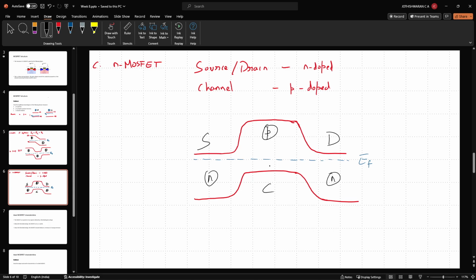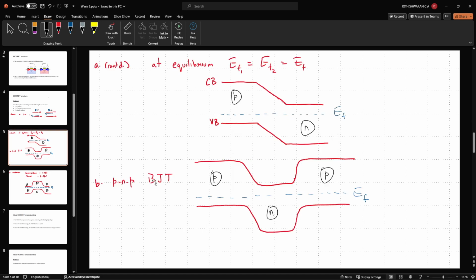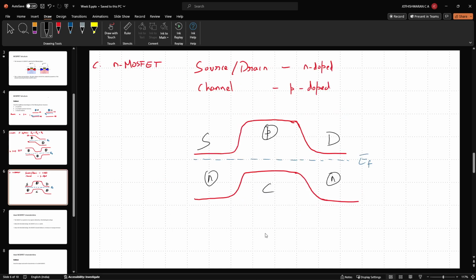Now you can ask where and how the inversion occurs. For this, I will just take you back to this figure. In an N MOSFET, we are told that Vg should be greater than Vt. Essentially what happens is we will start applying a positive voltage with respect to the substrate, over here.